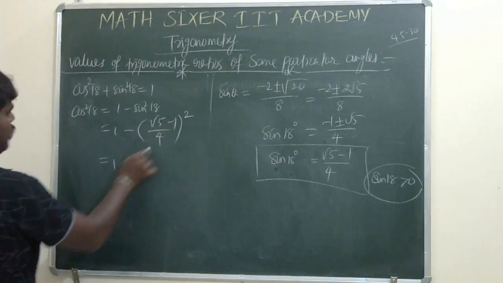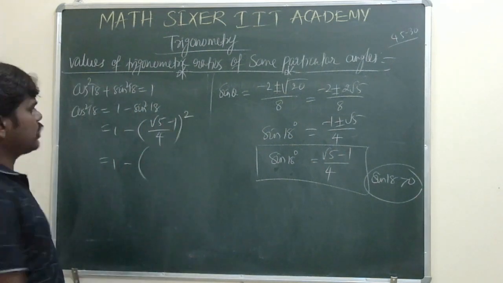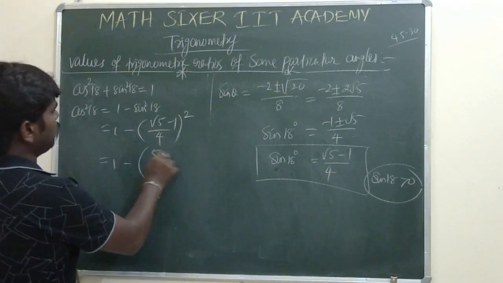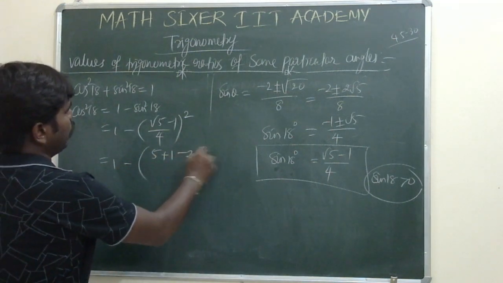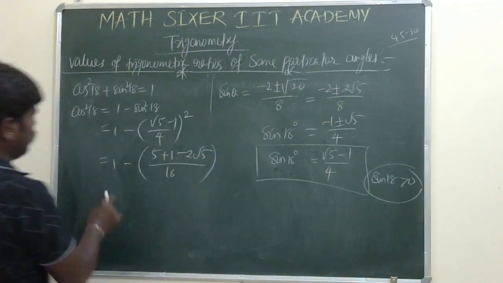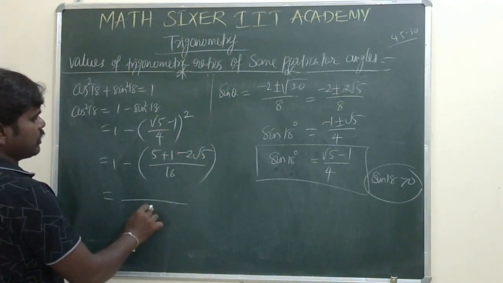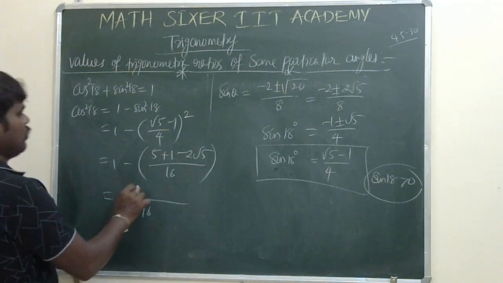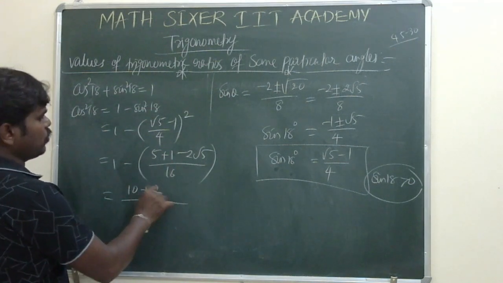So when you simplify, you will get 5 plus 1 minus 2 root 5 by 16. So here when you take the LCM 16, 16 minus 6 is 10, plus 2 root 5.